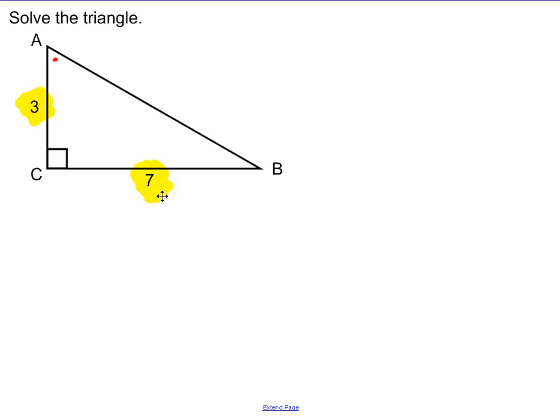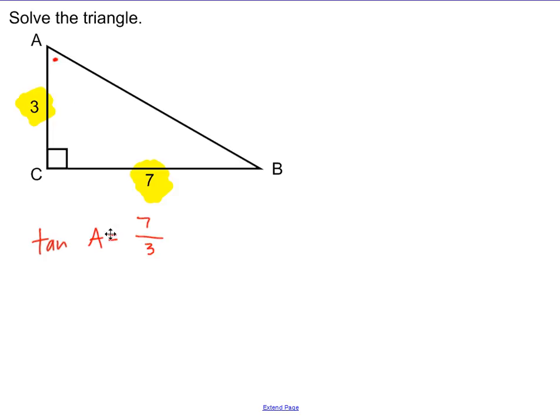So using these 2, this would be adjacent, this would be opposite. That means it's going to be tangent. So the tangent of your angle A is opposite, so the side opposite would be 7, over adjacent, which would be 3.